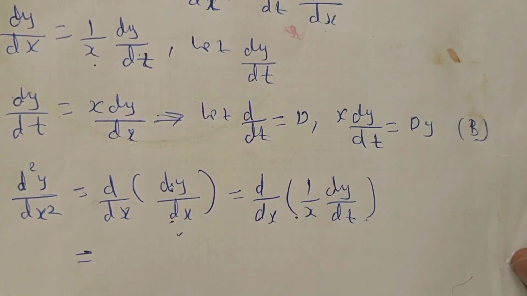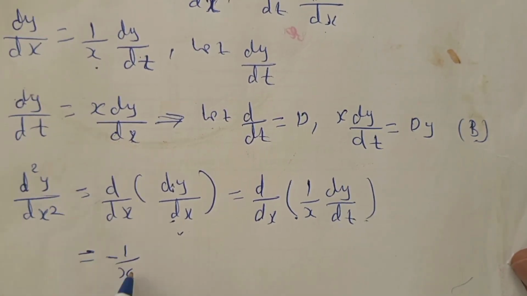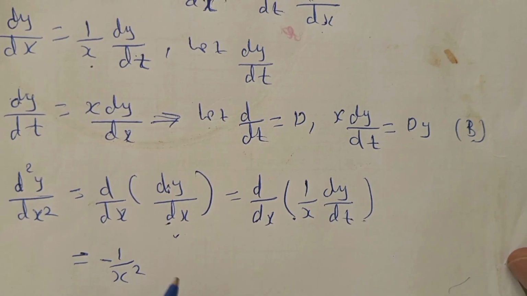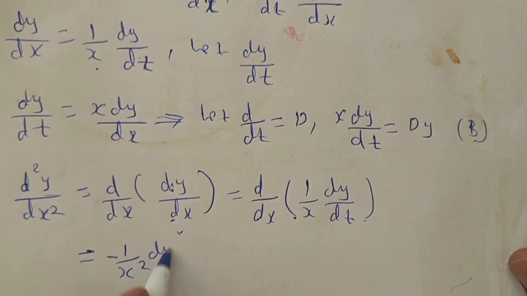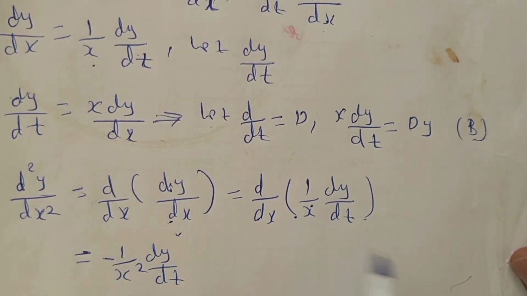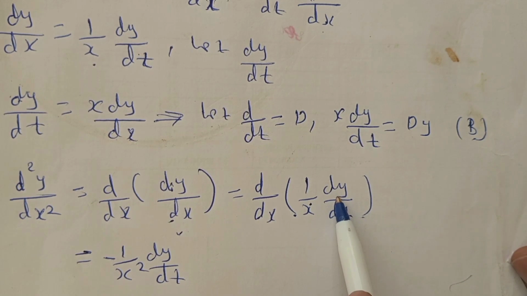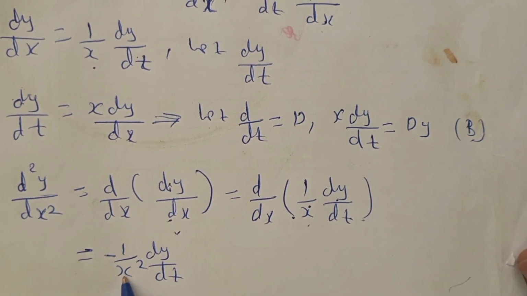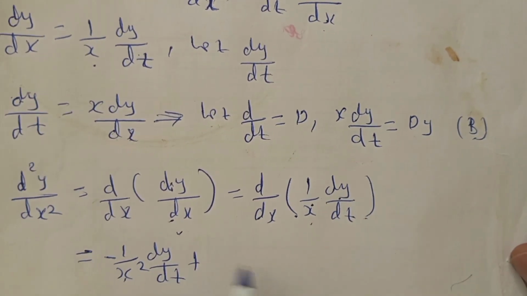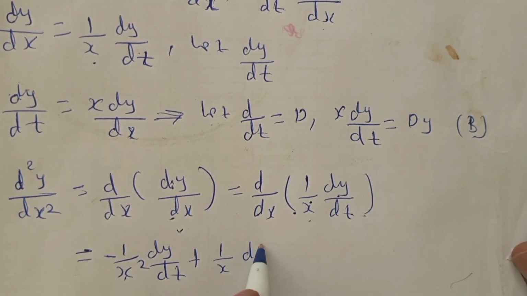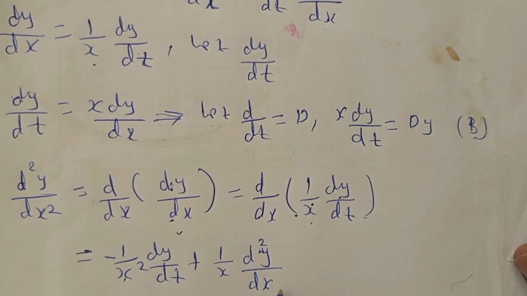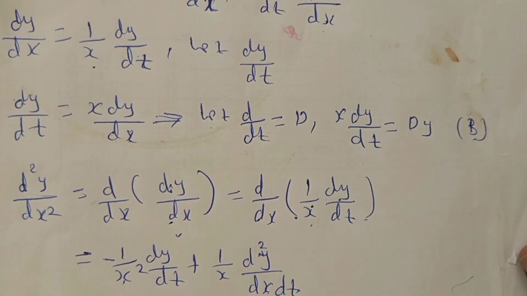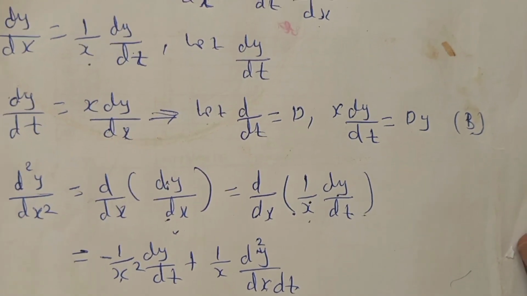This one will give you minus 1 over x squared dy over dt. This is a product rule, so I have kept this constant and differentiated 1 over x to give us this part here. Then plus 1 over x d squared y over dx dt.